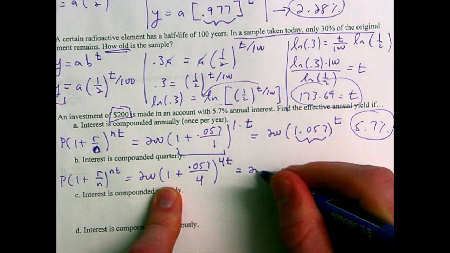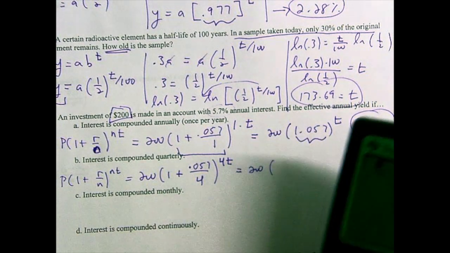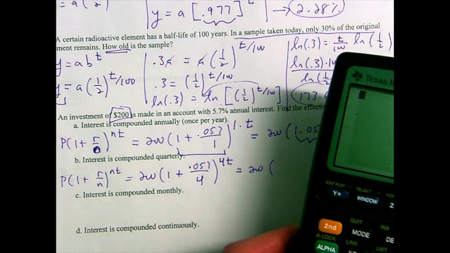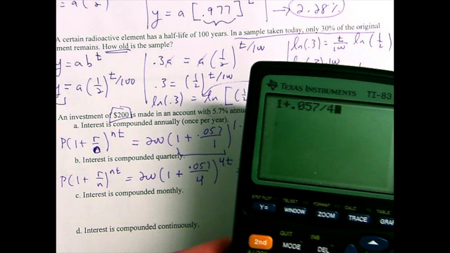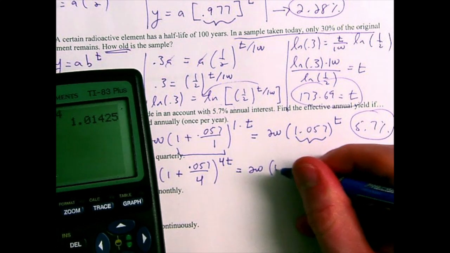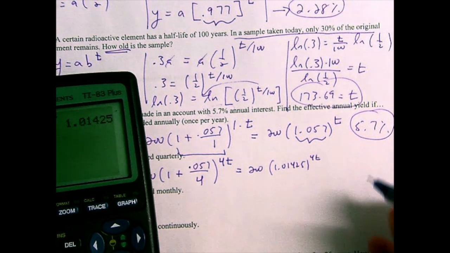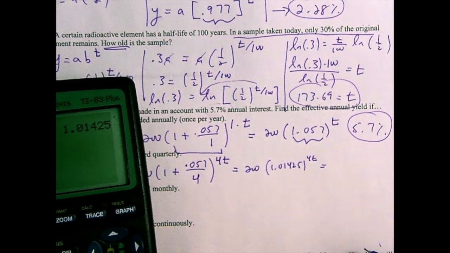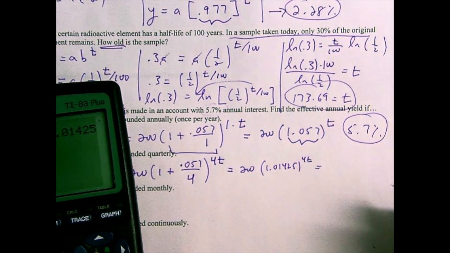We've done this many times. First of all, what's the expression inside the parentheses? It's 1 plus 0.057 over 4. So that's 1.01425 to the 4t. Now, of course, we can rewrite that as a power of a power, like 1.01425 to the 4th to the t.